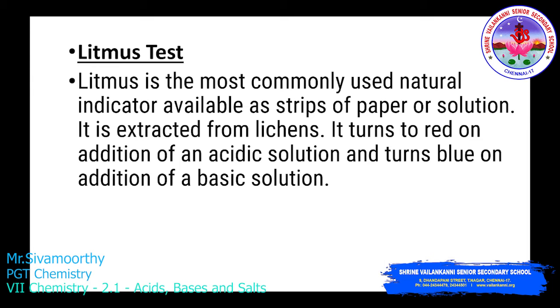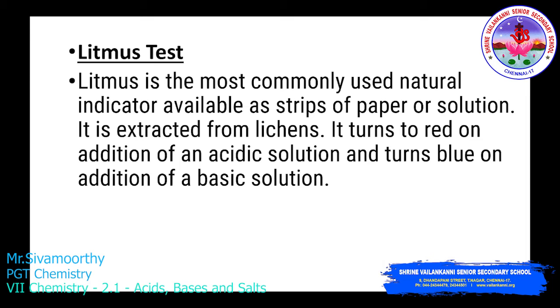How, sir? You take a small piece or small length of the paper and dip it into an acidic solution. You know very well the different types of acid solutions in the lab. Generally, the mineral acids are very important.